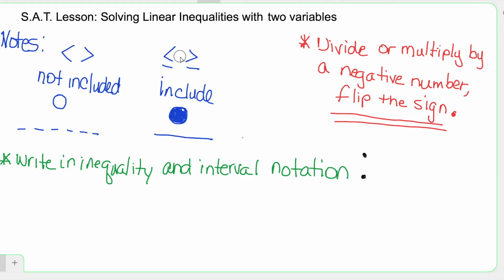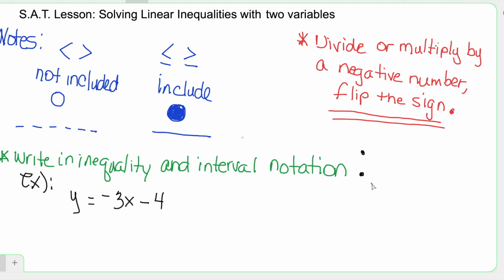And when you have the "or equal to" with the little line at the bottom, that means less than and greater than including. So we have the closed circle and the regular straight line. And another reminder: when you divide or multiply by a negative number, you flip the sign. All right, let's go in.